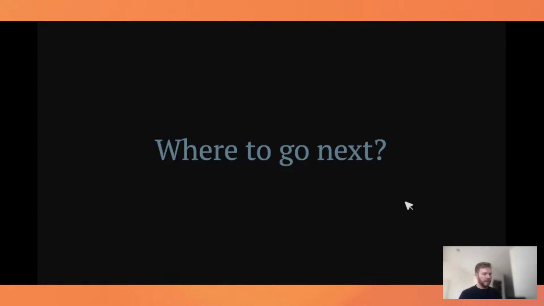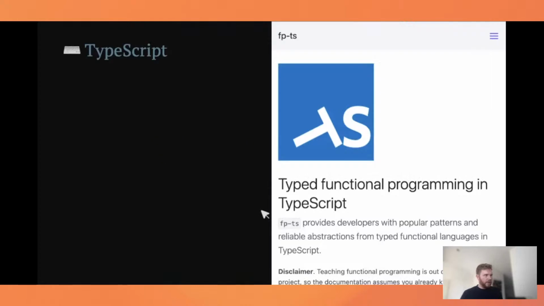So if they click, and you think you have a good idea how they work and when to use them, where should you go next? Like I said before, TypeScript I think is a very good next step, because a typed system can be very, very helpful for functional programming.